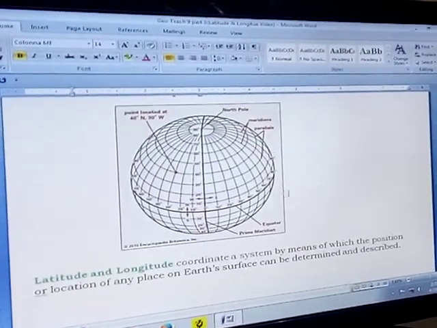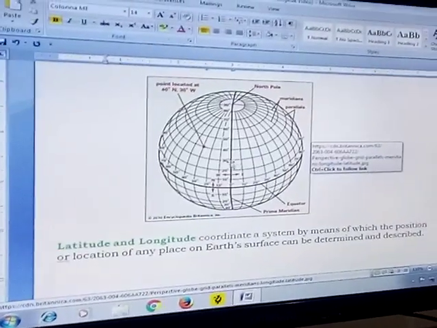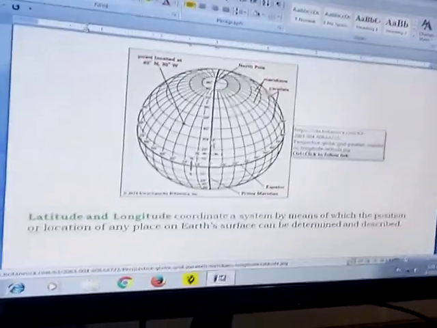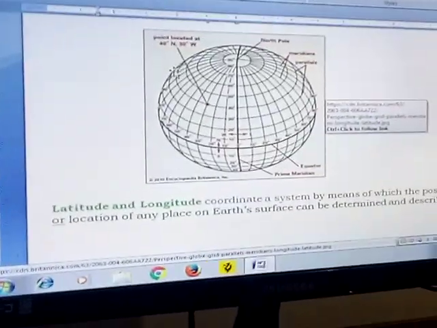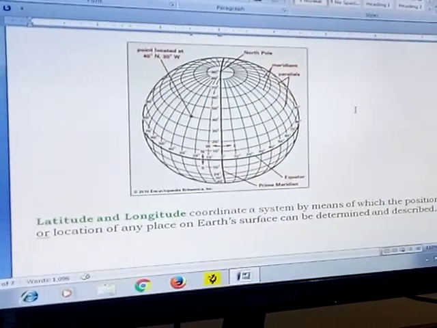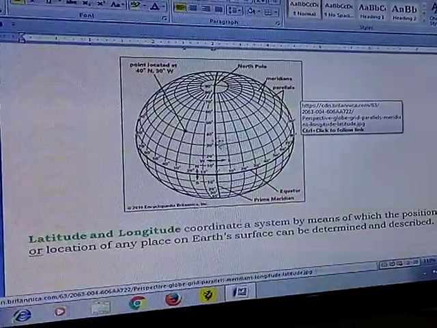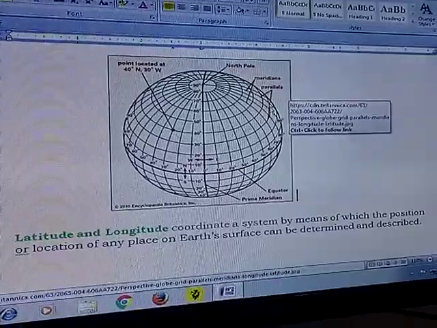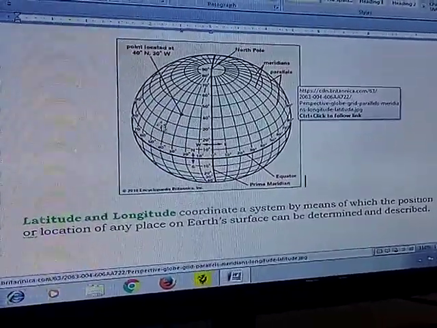Now you should know what is latitude or longitudes. From standard 6 onwards, you have been all learning what is latitudes, what is longitudes. Now these lines which are moving from west to east, you see, it is across, and these lines are all parallel to each other.